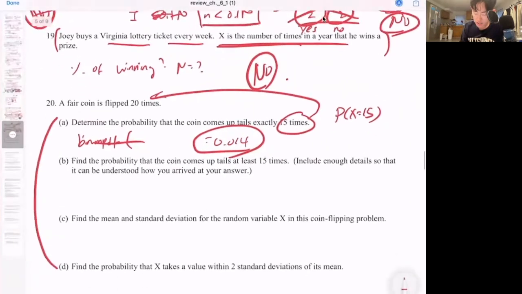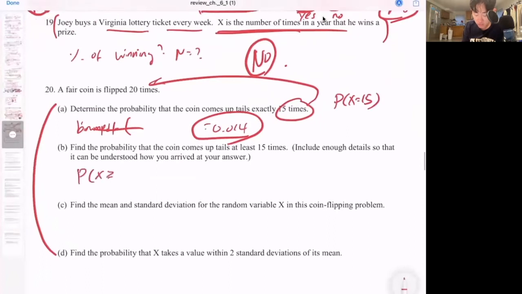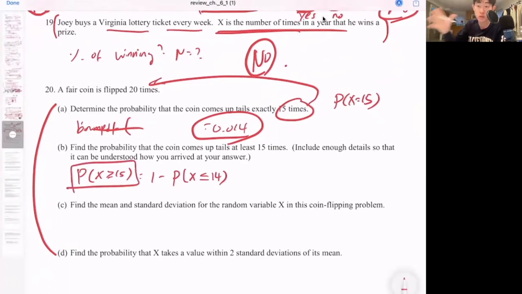Find the probability that it comes up heads at least 15 times. That's greater than or equal to 15. This means I have to do 1 minus P(X less than or equal to 14), because we have 15 as part of our probability, so we don't want to eliminate that.